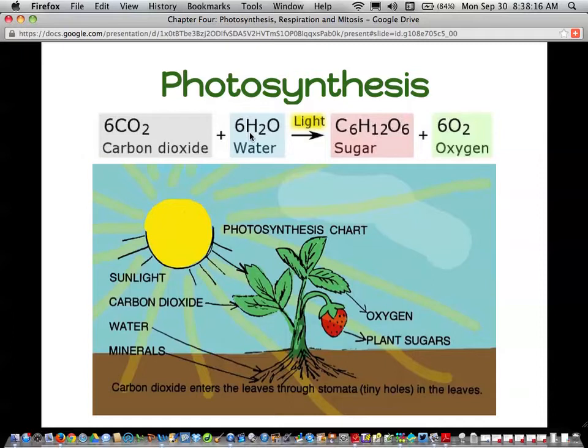Joe? It would have to absorb everything but green and blue. Good. So it would have to absorb all the other colors except for green and reflect it. Now, is green a primary color? No. So, are there other colors embedded in green? You think we could prove that? Yeah, and we're going to prove that today in lab. Okay, let's move on one more slide.